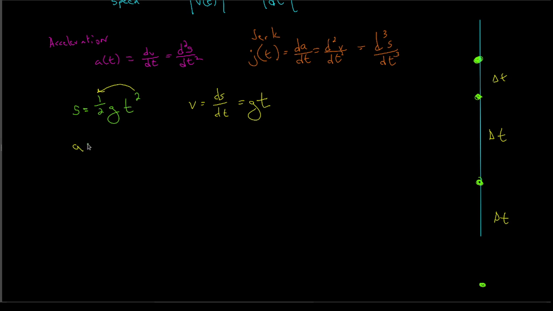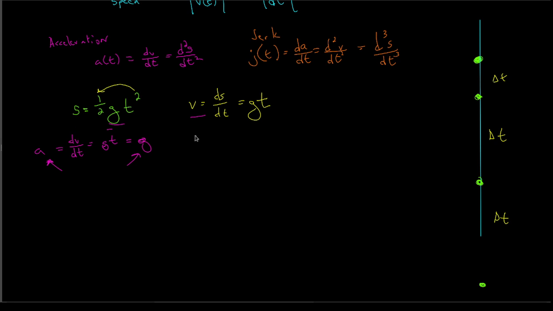And the acceleration is the derivative of velocity. So we'll take the derivative of gt and we get g. And this is another subtle way of saying, hey, look, acceleration is constant in free fall, and the constant is this gravitational constant that we've been using. And so they're linked.